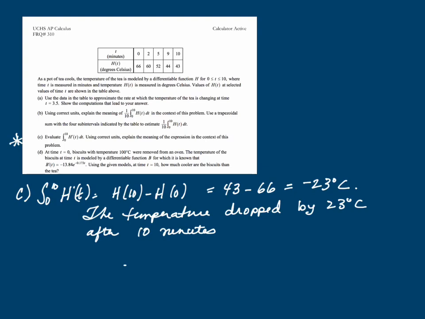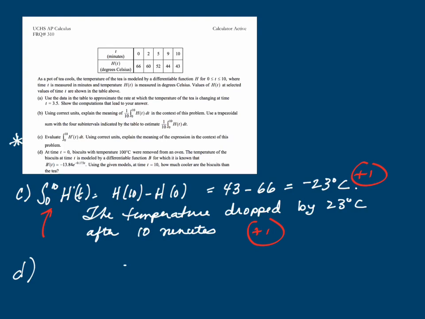All right, so that was C, and C is worth 2 points. You get 1 point for the negative 23 and 1 point for saying what the integral from 0 to 10 of h prime of t dt is. Now, if you didn't remember that's what that is, remember it now, okay? That's why we're practicing. You'll see more of these. I feel like this question is really good because I see this being on the test.